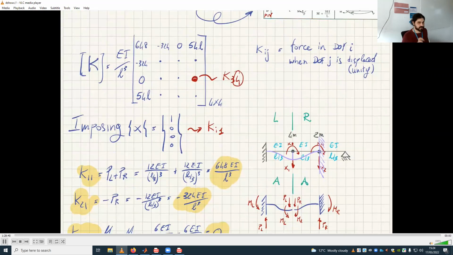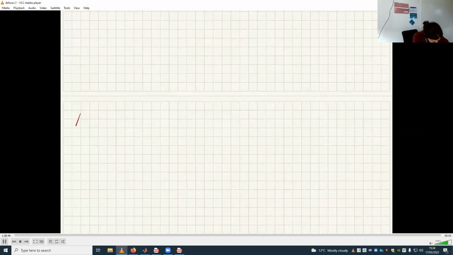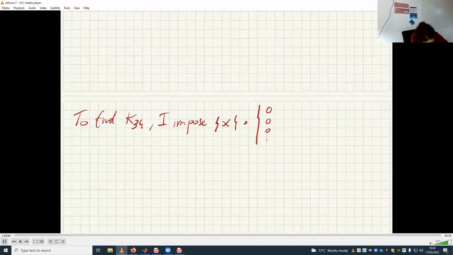So I need to rotate X4. So to find K34, I impose X equals this, all zeros and 1.